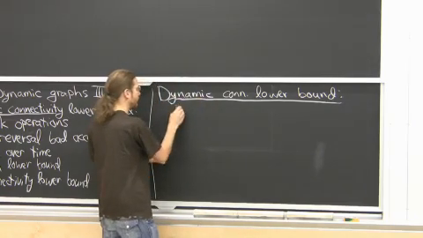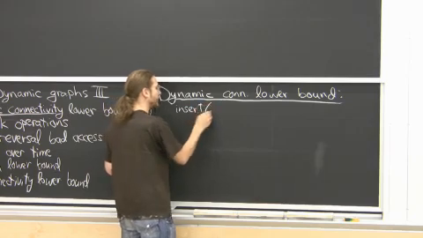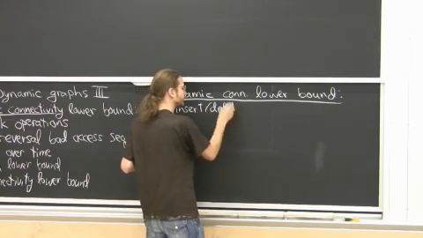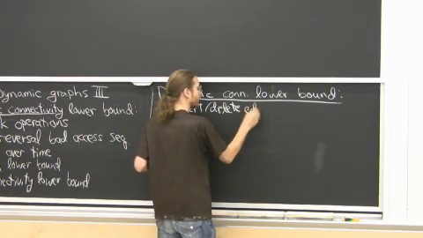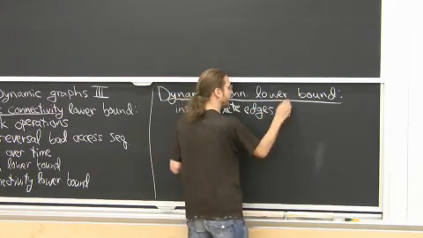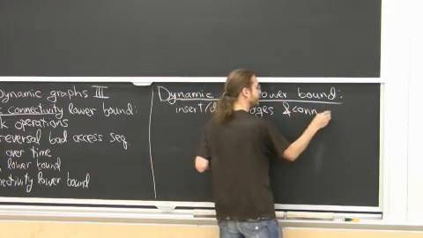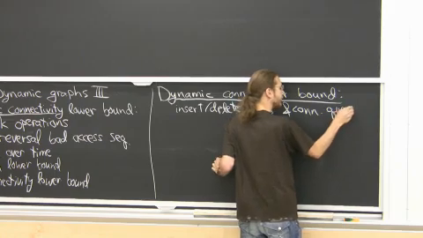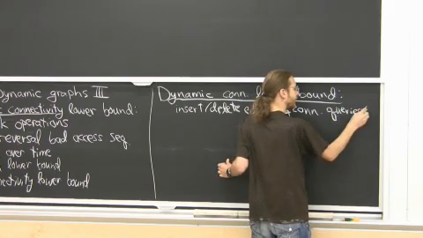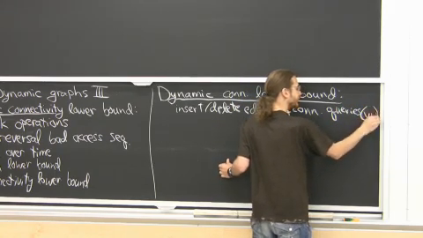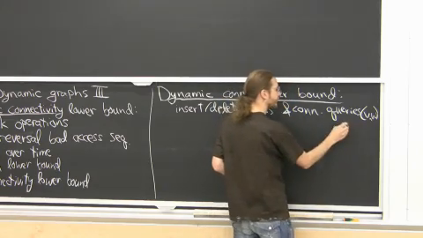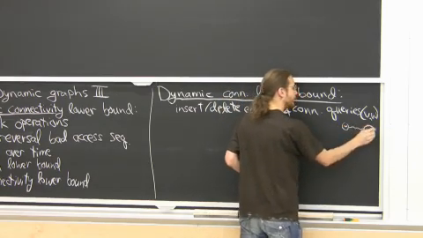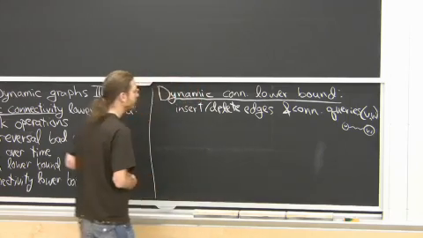You want to insert and delete edges and do connectivity queries between pairs of vertices, V, W. I want to know, is there a path from V to W? Just like we've been considering.